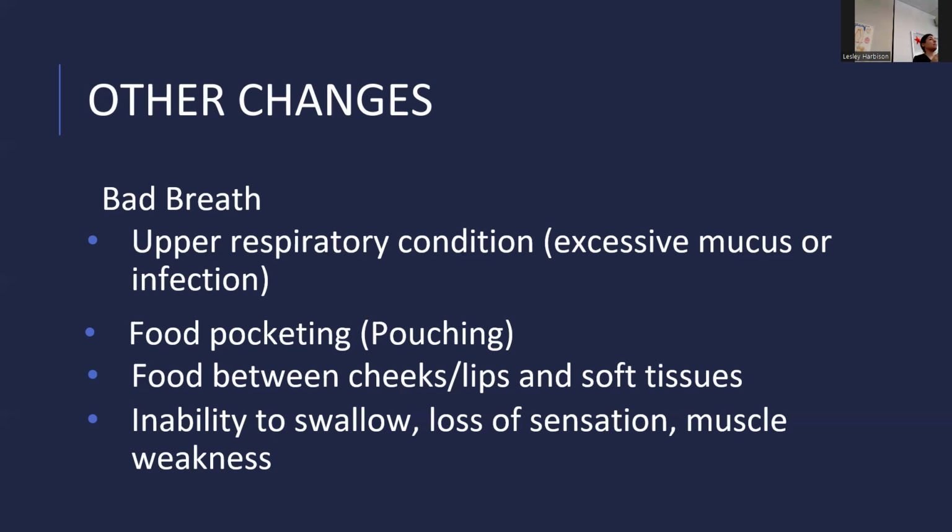And also they might purposefully pack food, like a chipmunk, pack it back there and just leave it there, and that is probably associated more with somebody with cognitive decline. But just being aware that those things could be present.